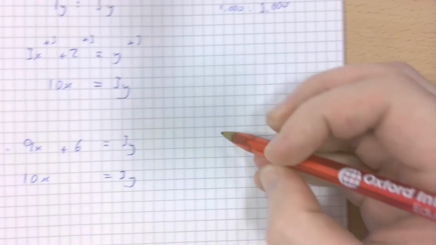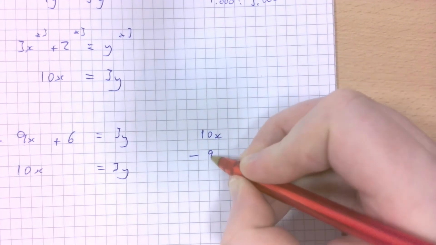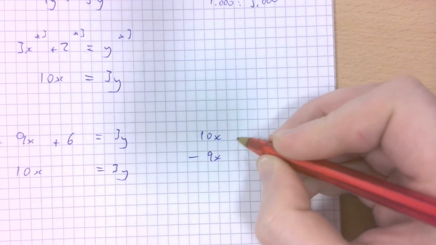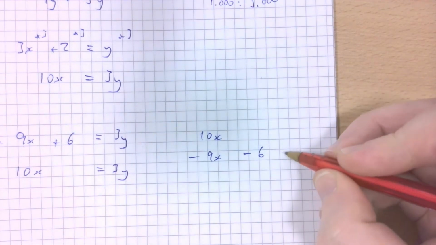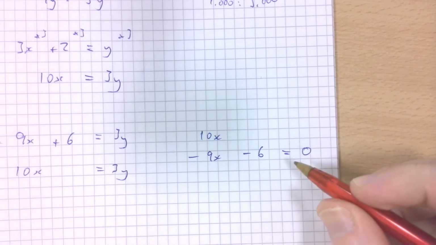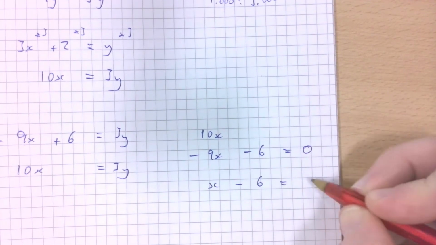So if I write this in perhaps an easier way to see, it's 10x take away 9x, and then minus 6, and then 3y taking away 3y equaling 0. Okay, so I'm left with x minus 6 equals 0.